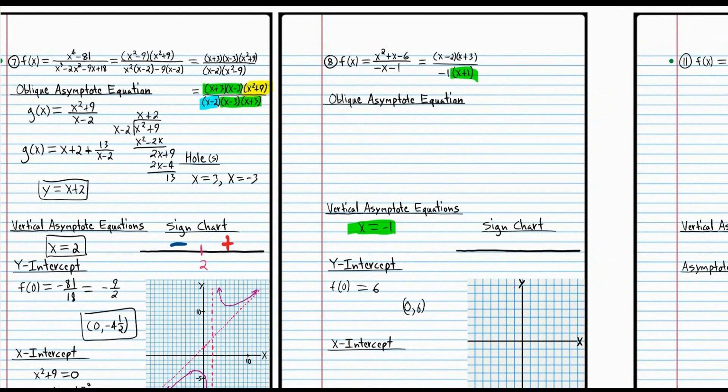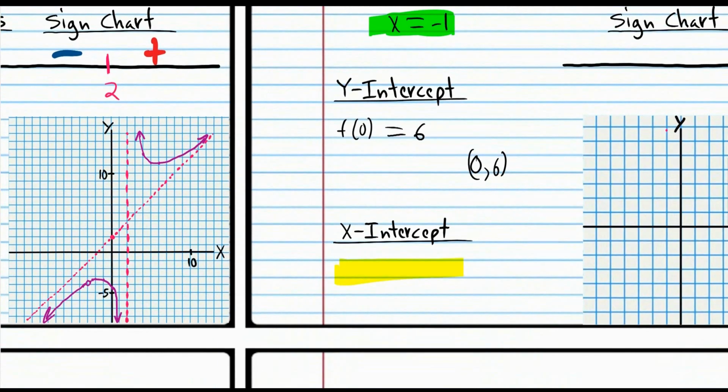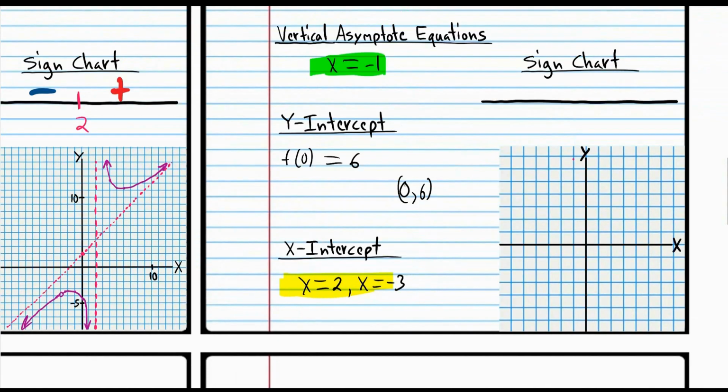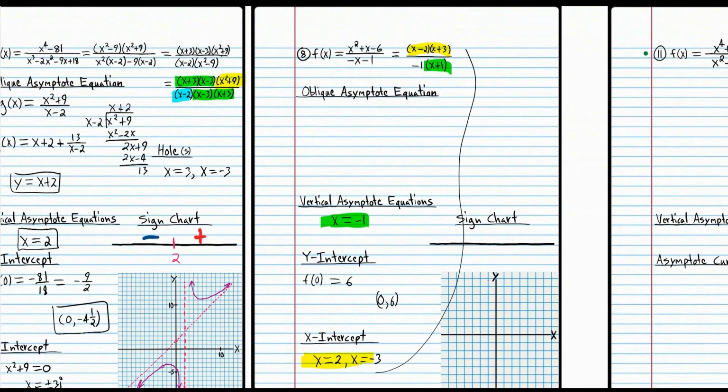And we can see the x-intercepts are 2 and negative 3. We can see that just by looking, because we want the numerator to be 0 in order for this expression to be 0, which would make the corresponding y values 0.